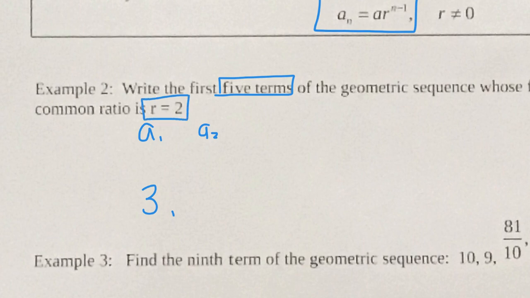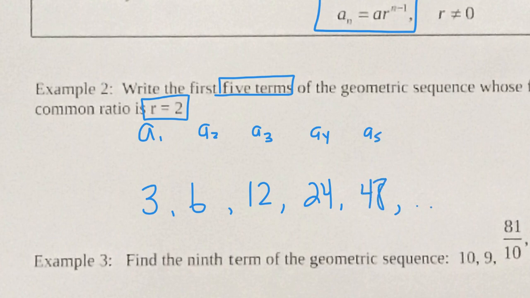So 3 times 2 is 6. The third term we'd find by multiplying the second term by 2. 6 times 2 is 12. The fourth term, we multiply that one times 2. And the fifth term, we multiply that one by 2. And the sixth term, we multiply that one by 2, and so on and so forth.